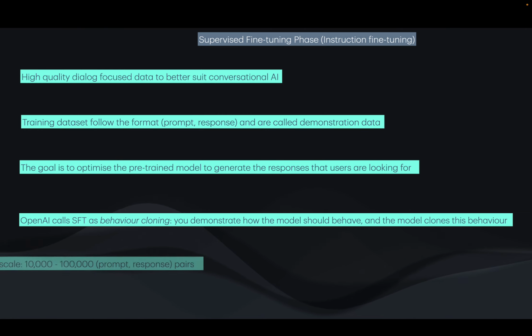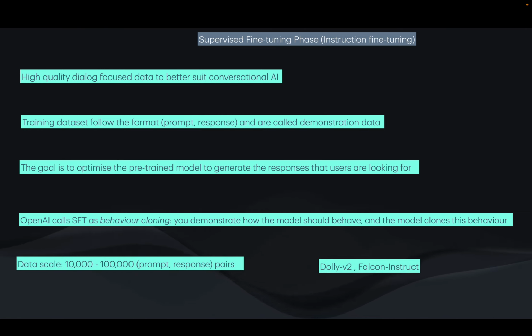Some examples are Dolly V2 or Falcon Instruct, and the demonstration data that we use here scales from 10,000 to 100,000 prompt response pairs, right? So the volume is decreasing.